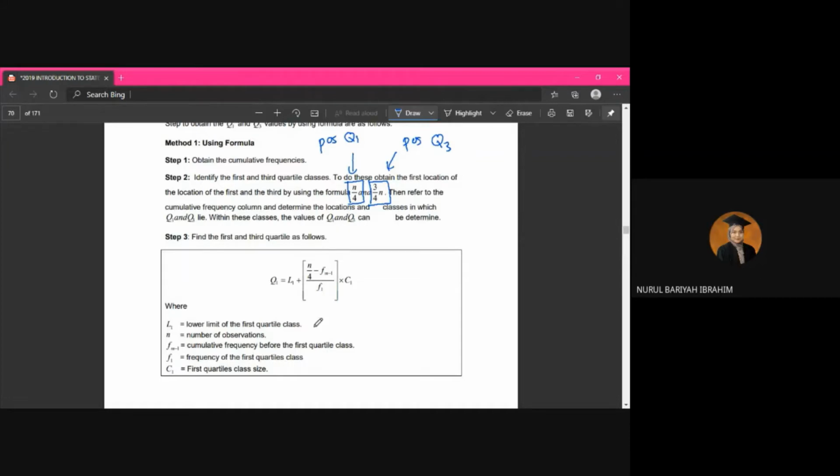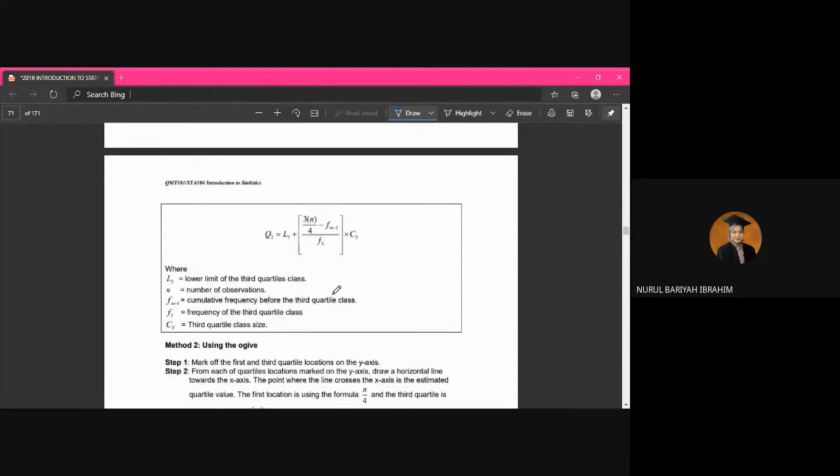This is the formula for Q1. For Q3, it is actually the same formula, the difference is that L3 here is the lower limit of the third quartile class.